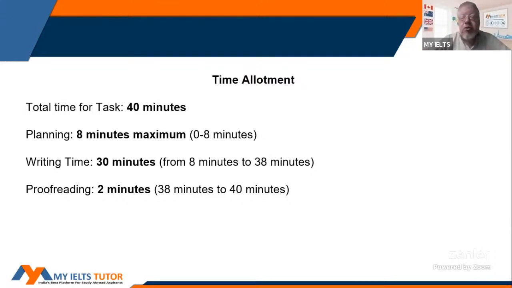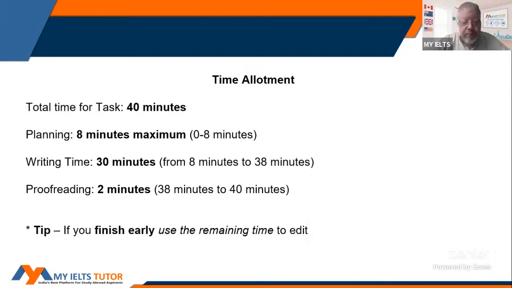The examiners do expect you to proofread, edit, and modify your work as much as you can, okay? And it's really important, because if you make mistakes and you edit your work, you can eliminate those mistakes and help get yourself a higher score. So that's important.